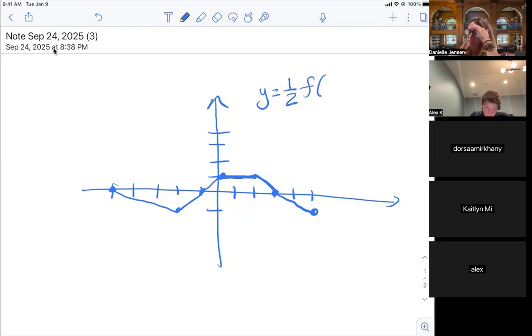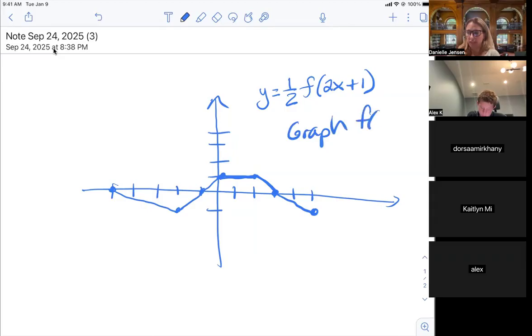1/2 f of 2x plus 1. Okay, so this is the graph of y equals 1/2 f of 2x plus 1.